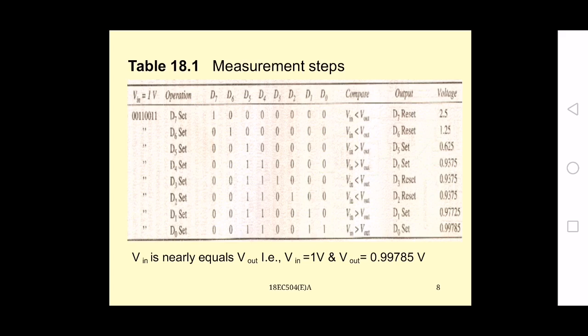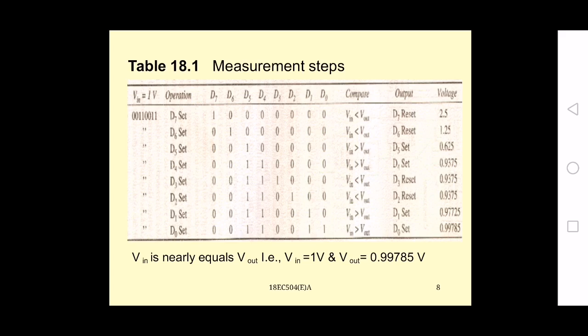So like this we are approximating the unknown input by our control register bits, either setting or resetting based on the output voltage coming from the digital to analog converter. That is checked with the corresponding input voltage.